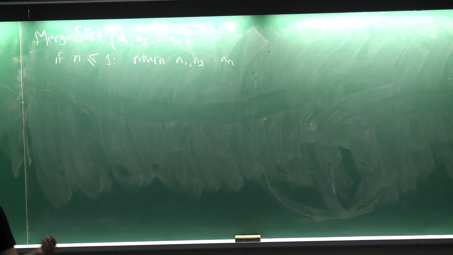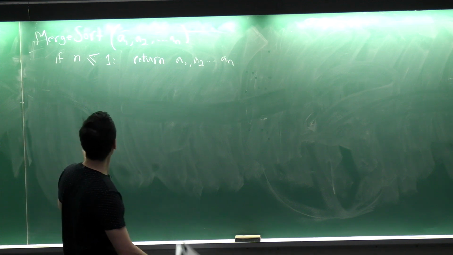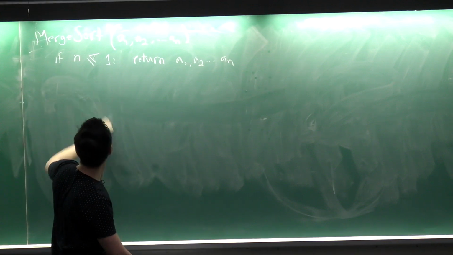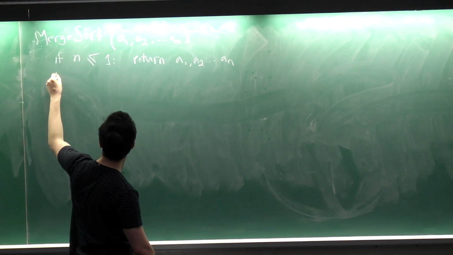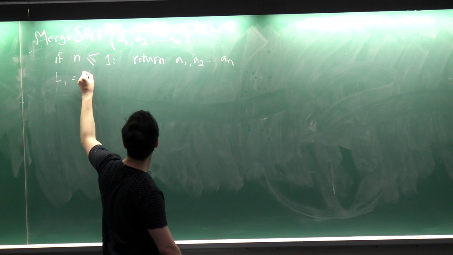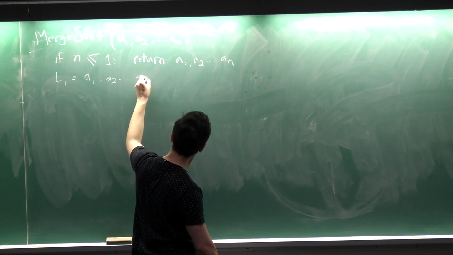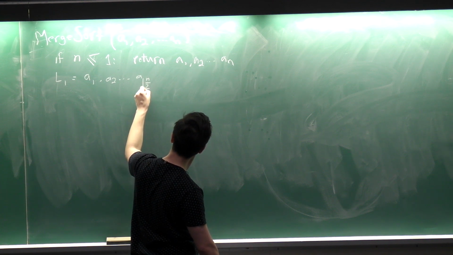So now what should we do? We know that this is going to be recursive. It's going to be a divide and conquer approach. So we have a list of elements. How about we split it into two pieces and try to solve each piece alone? That's the most basic thing we can do. So we split the list. We can say that L1 is A1, A2, all the way to A floor of n over 2.